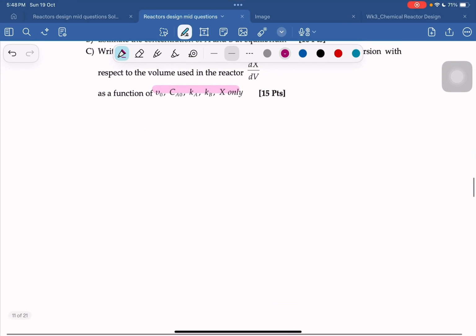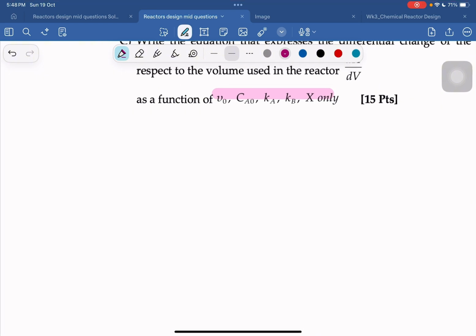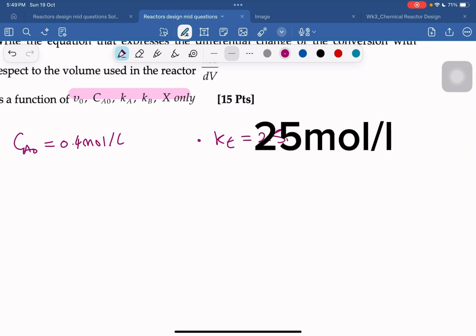Okay, and what are the givens in the question? We are told that at the inlet we have pure A, so YA0 is equal to 1, and CA0 is given as 0.4 mol per liter. The equilibrium constant is given as 25 mol per liter.